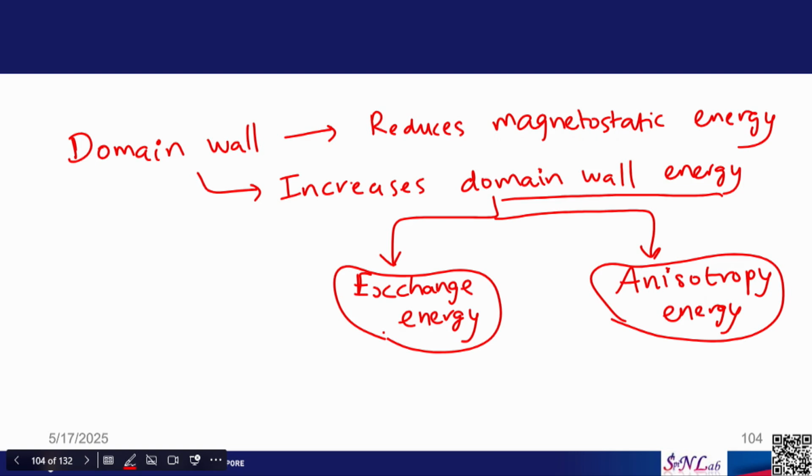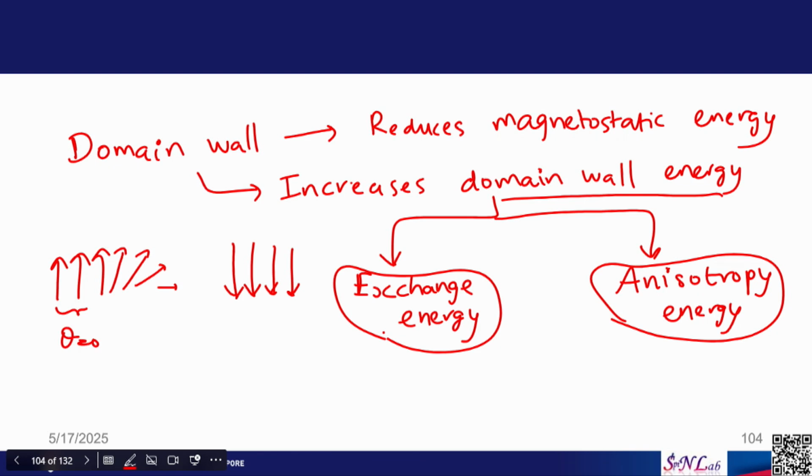So, what is this exchange energy? Where does it come from? Let us go back to the domain wall. Let us say we have spins like this, here we have spins like this. Within the domain wall we learned that the spins have a certain angle. If you look at these two spins, theta is 0, Heisenberg exchange energy is the lowest, but if you look at these two spins, theta is non-zero.